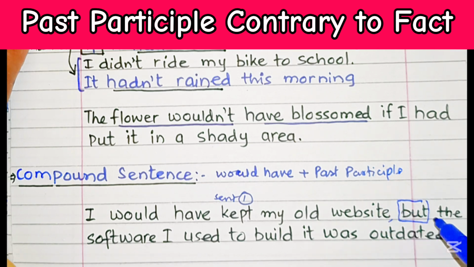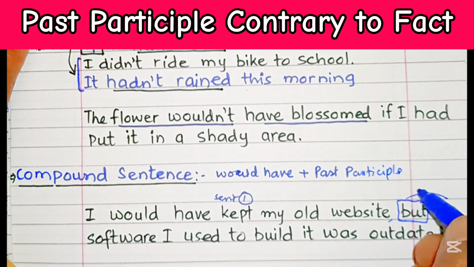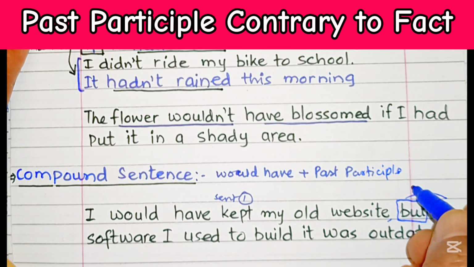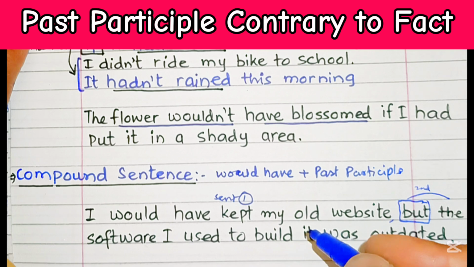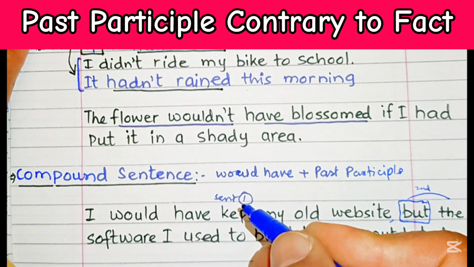And then here is the conjunction but, the coordinating conjunction, that starts the next part. This conjunction actually commences the second part of this compound sentence. This explains why I didn't keep my old website.